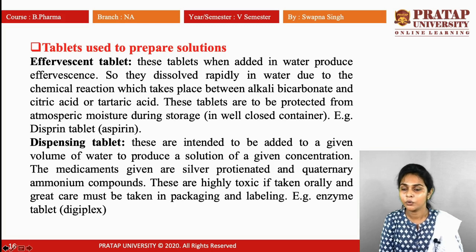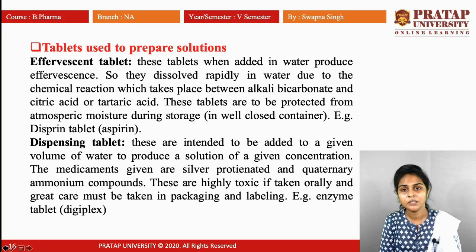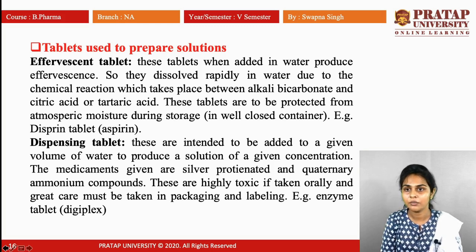Next, the fourth class, that is tablets used to prepare solution. There are some tablets that we administer after preparing a solution. First one is effervescent tablet. These tablets, when added to water, produce effervescence. For example, aspirin or Disprin tablet, when we put it into a glass of water, produces effervescence.